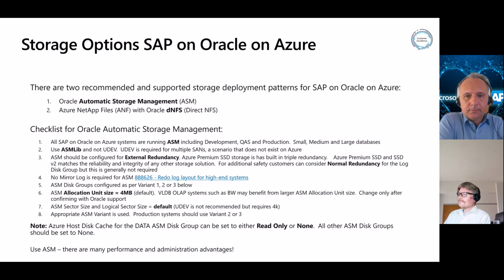During R3 load migrations, performance might be better if it's set to none. And some customers do run with none for data. All the other disk groups, set those to none.